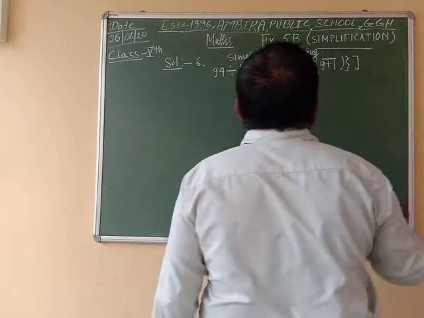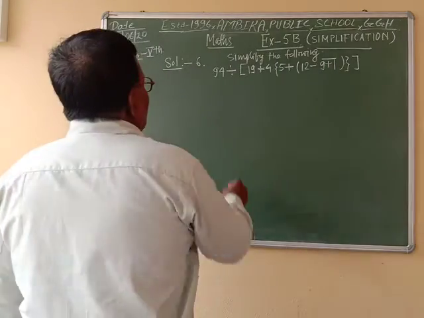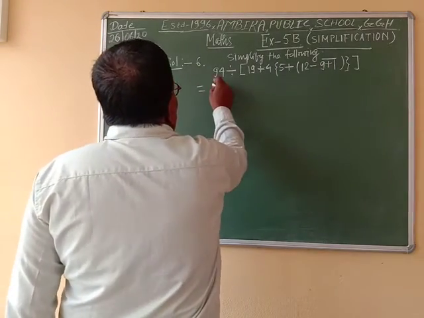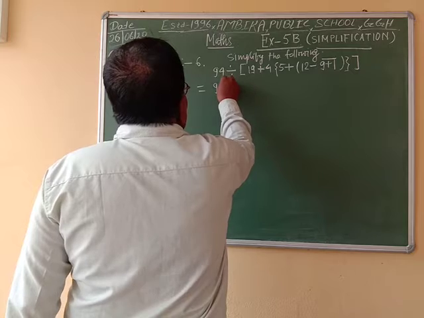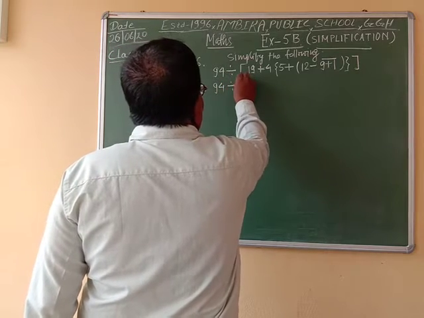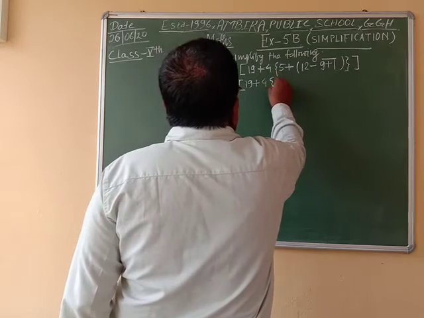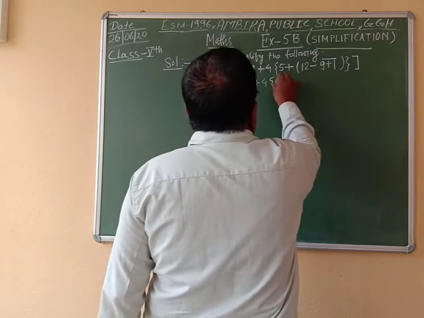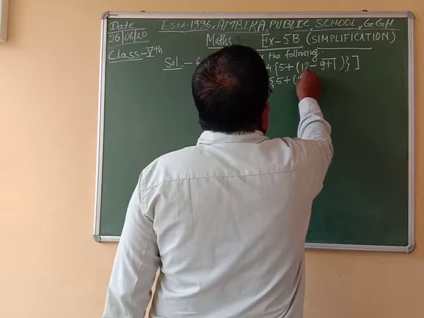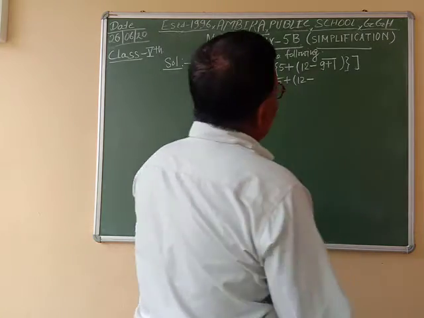Big bracket closed. Is equal to 94 divided by 19 plus 4 curly bracket starts 5 plus 12 minus 9 plus 1.